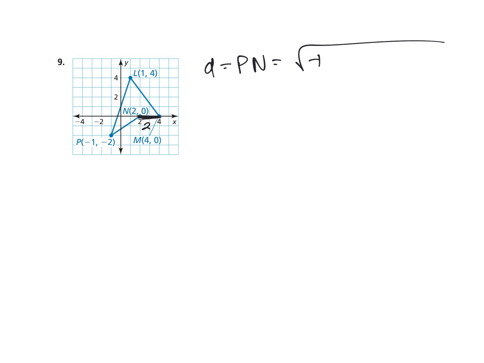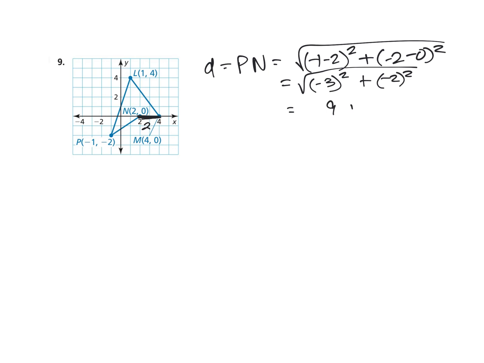Negative 1 minus 2, and negative 2 minus 0. That would be negative 3 squared. That's negative 2 squared. Make everything positive. That's the square root of 13. So that is 3.6 approximately.